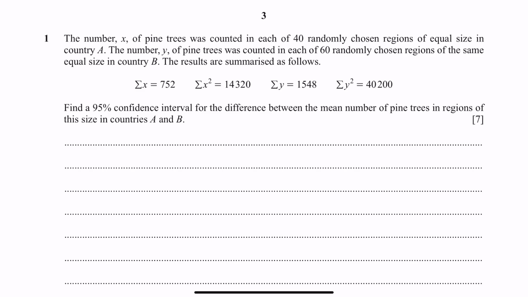So find a 95% confidence interval between the mean number of pine trees in regions of the size in countries A and B.